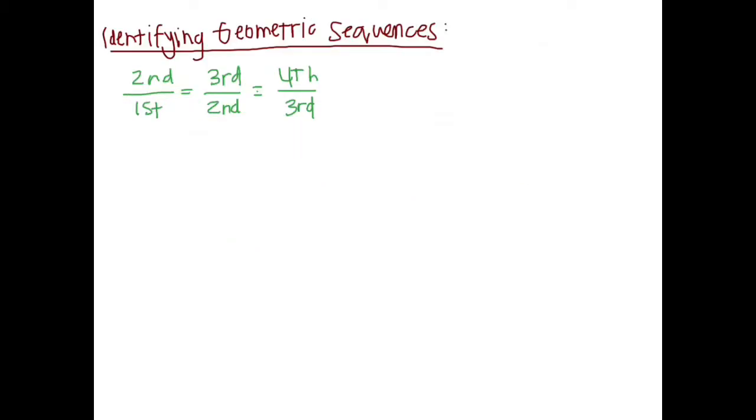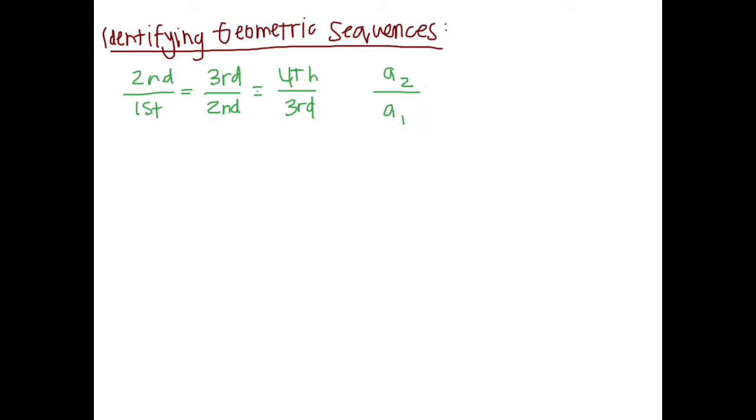In a geometric sequence, we are looking for a common ratio. So that means the second term divided by the first term has to be equal to the third term divided by the second term, and the fourth term divided by the third term. So you are taking every term and dividing it by the previous term. Another way we can write that is a sub 2 divided by a sub 1, the second term divided by the first term.